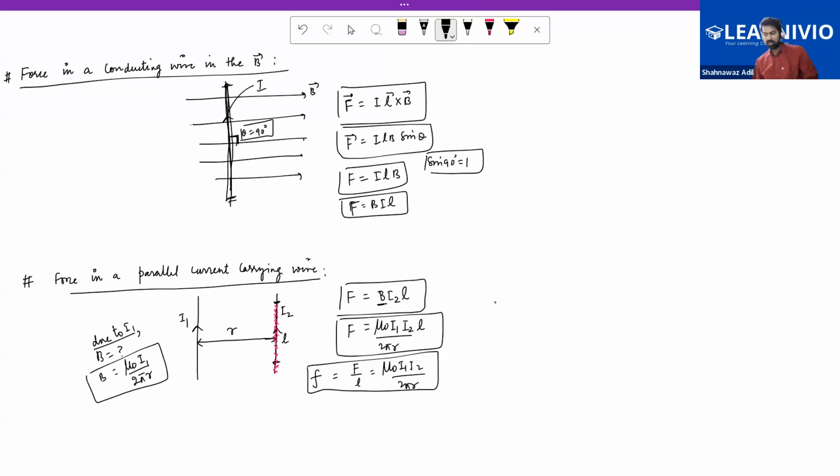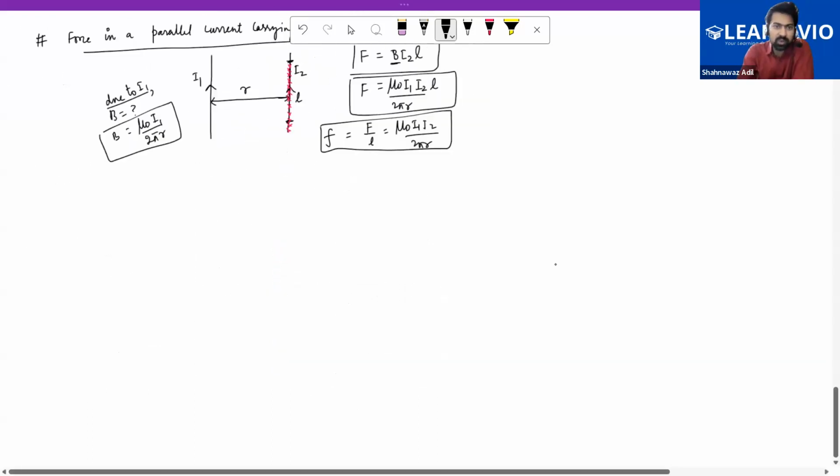Yes, note it, guys. Good. So now let us talk about moving coil galvanometer.